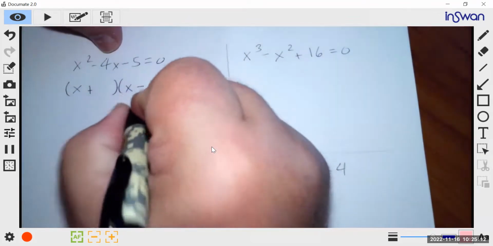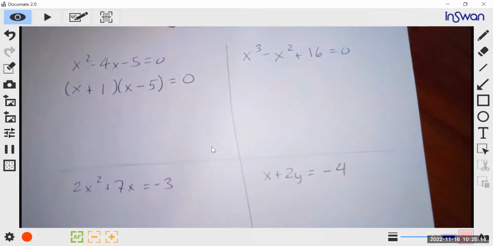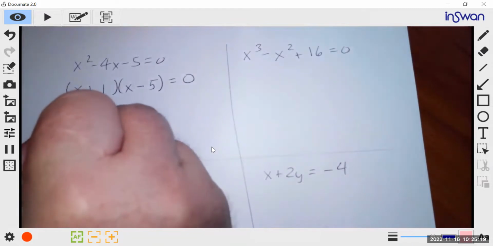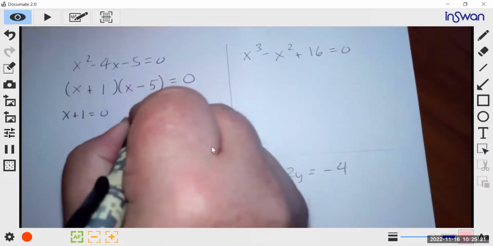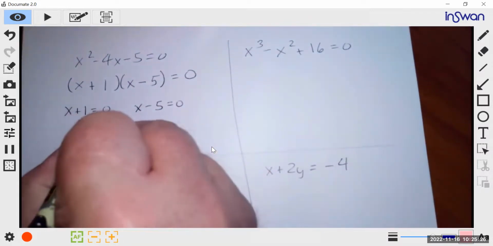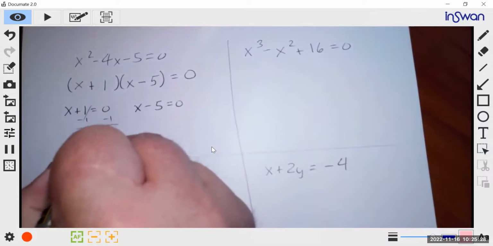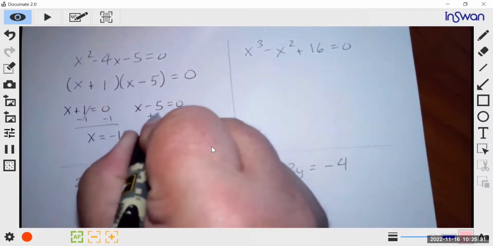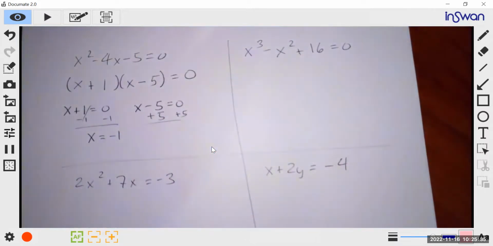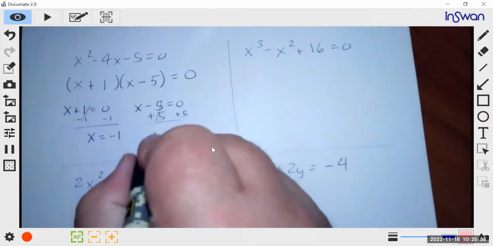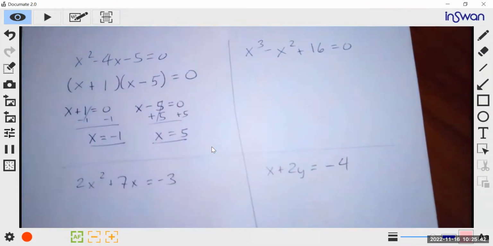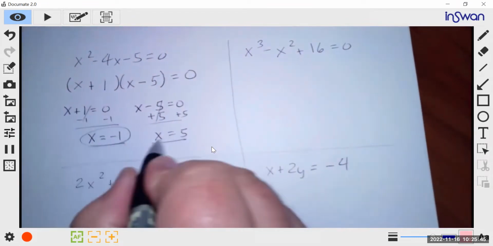In the negative. So my answers are x equals -1 and x equals 5. Those are my solutions.